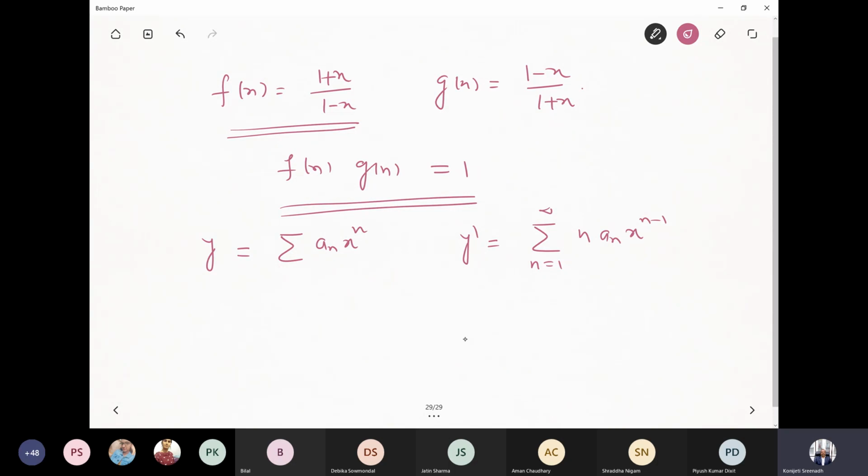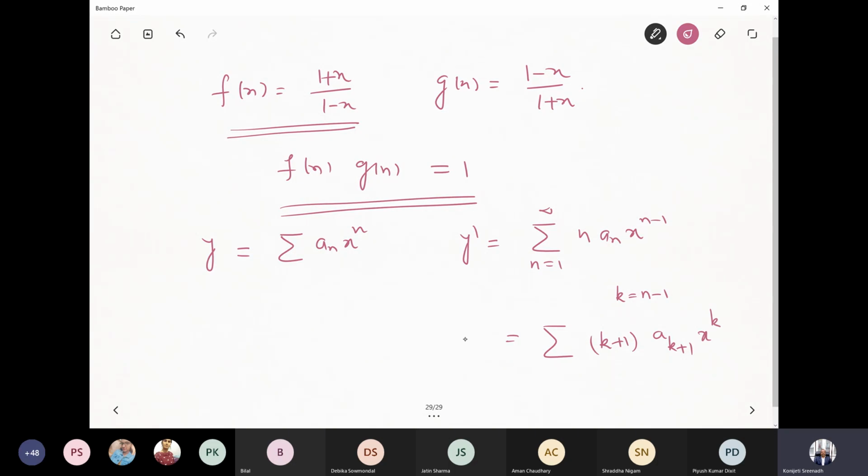What I will do here is I want to write n minus 1 as n itself. So you take k equals n minus 1. Then n becomes k plus 1, an becomes a(k plus 1), and x power n minus 1 becomes x power k.